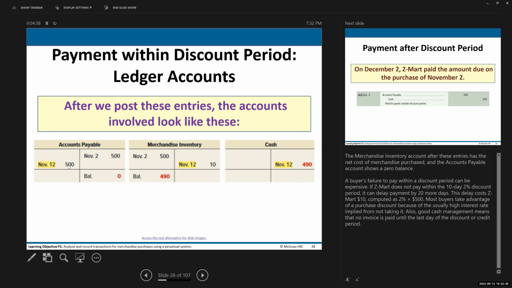What's 2% of the 500? That's 10. So we're going to reduce our merchandise inventory by 10. Why? Because it really didn't cost us 500. It cost us 490. So that's why we reduce our merchandise inventory with the $10 credit. And then, of course, we only have to pay cash of 490, right? So that's how it works.